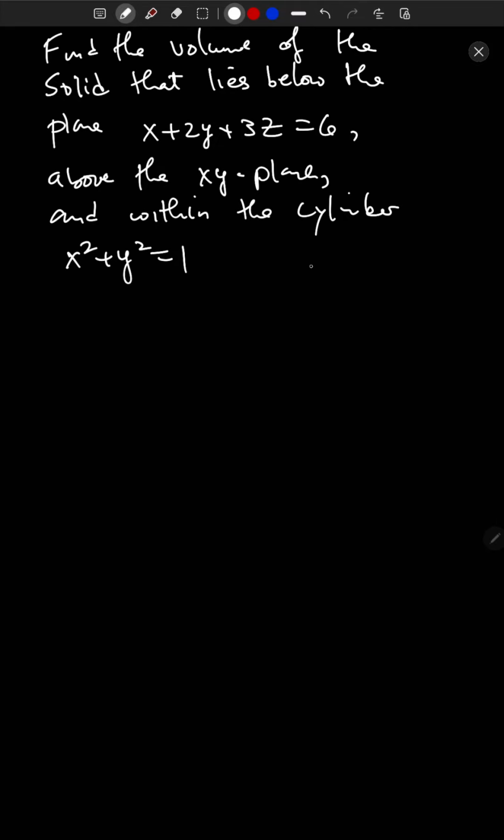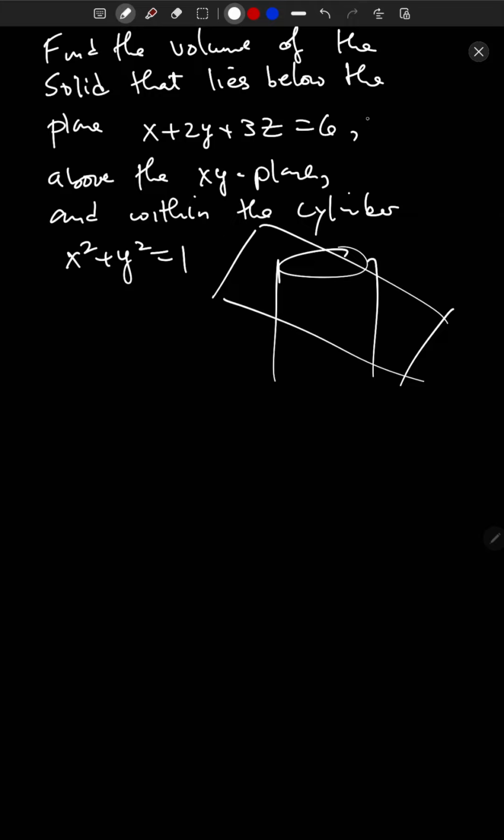So in a picture, this would be something like a cylinder that we're cutting with a plane. It's tilted at some angle because x plus 2y plus 3z is a complicated expression. And we want the part of this above the xy plane. The question is, where exactly does the xy plane live relative to this picture?